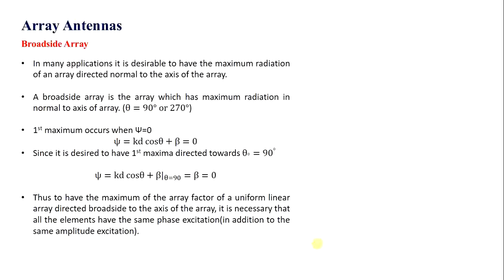So our equation becomes beta equal to 0. Thus, to have the maximum of the array factor of a uniform linear array directed broadside to the axis of the array, it is necessary that all the elements have the same phase excitation.